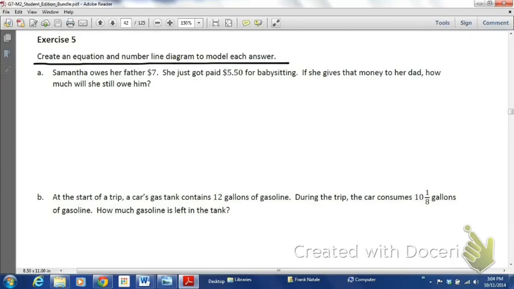If she gives that money to her dad, how much will she still owe him? Boy, they don't use really realistic examples here. Who would ever take $5.50 for a babysitting job? Anyway, here we go again. I would like an equation for that, a line diagram for that, and then of course the answer, which the equation will give. So go ahead and do those, A, B, and C, and come on back.